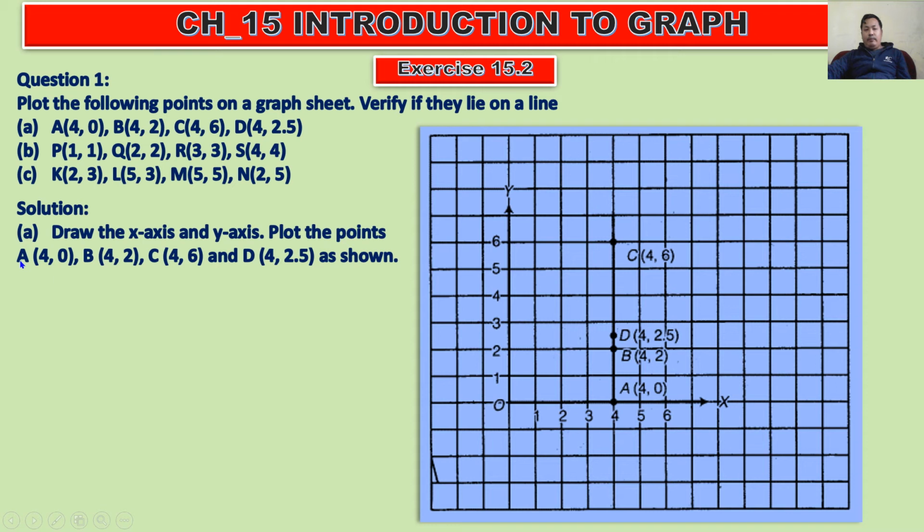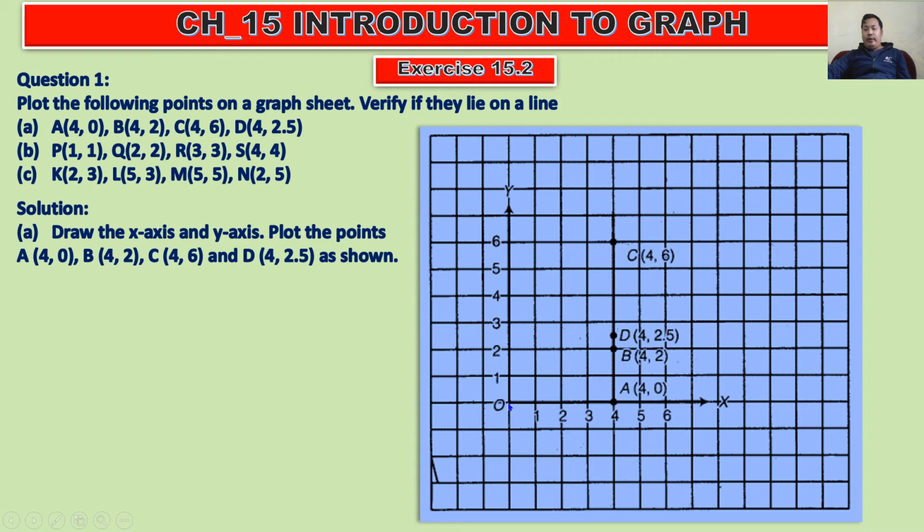So first of all, point A is the coordinate (4, 0). So the value of x is 4 and the value of y is 0. Where is 0 for y? Means where is the value of y as 0? That is the starting point here, 0, isn't it?